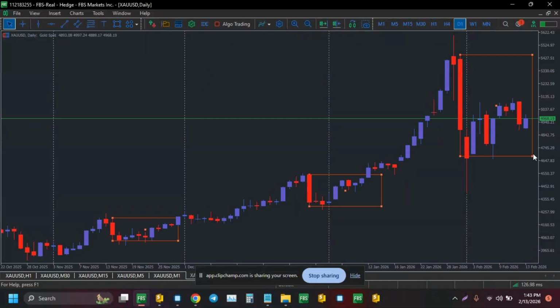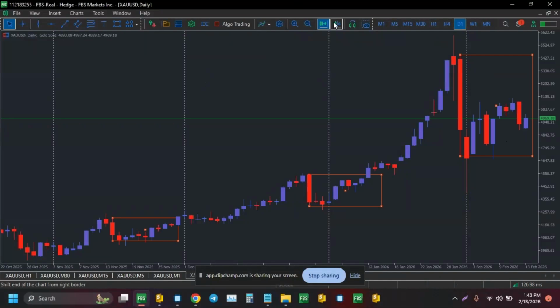The first DC that appeared on gold in the recent price action was established here on February 4. That is after two candlesticks failed to close outside the range of this candlestick. So we've drawn out the range.